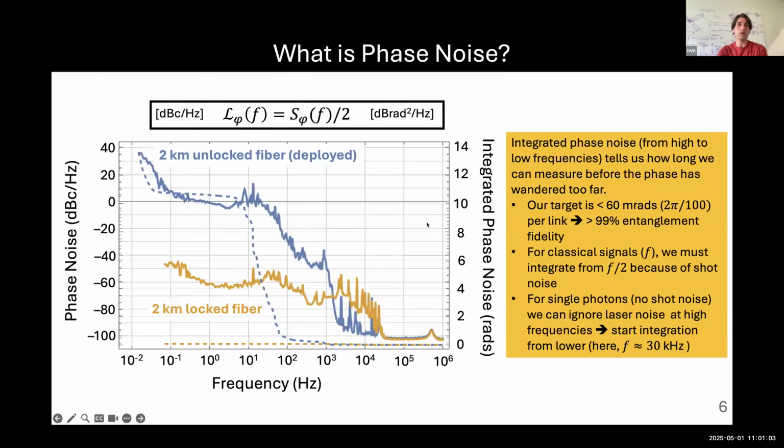So let me go here again. You can see there really isn't that much noise due to the fiber past maybe 10 kilohertz or so. That's just fluctuations that the fiber adds because of vibrations and acoustics and temperature drifts.